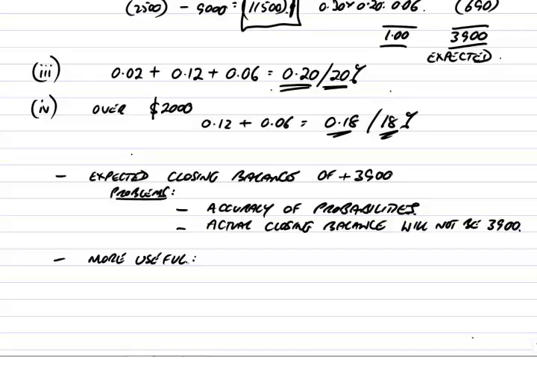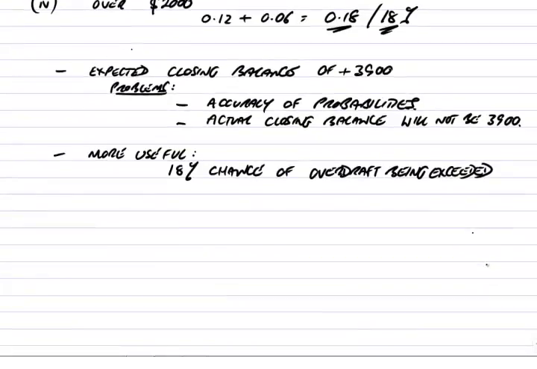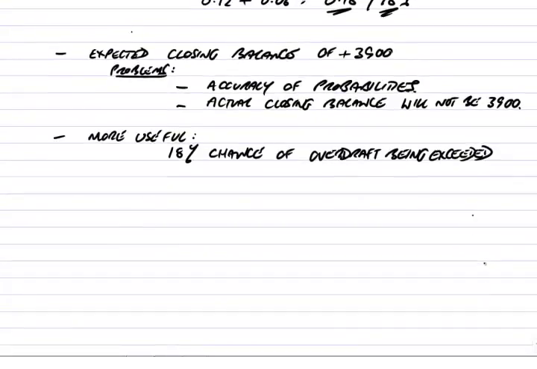And although we acknowledge it might be higher, it might be lower, we do know that there's an 18% chance of the overdraft being exceeded. And therefore, if we do nothing at all, we are taking a risk. And so, are we prepared to take the risk?